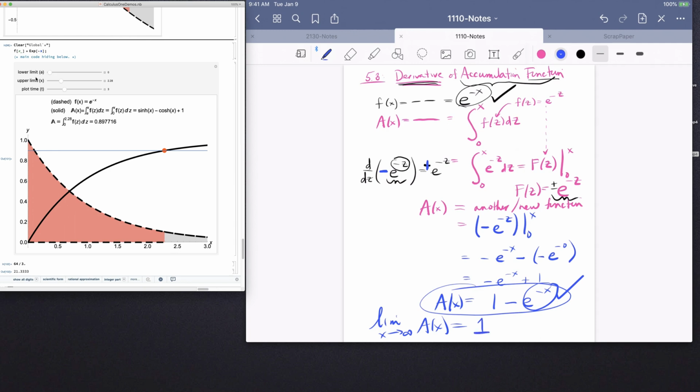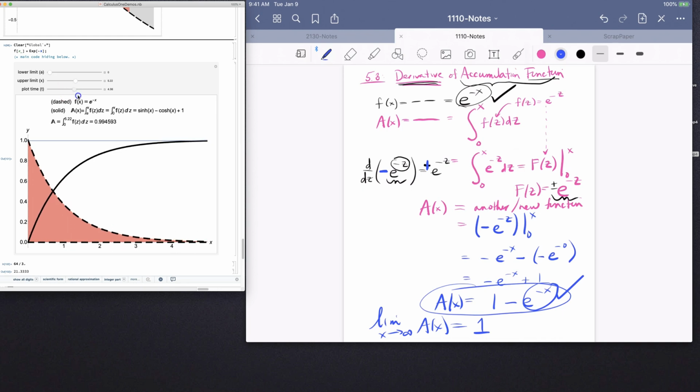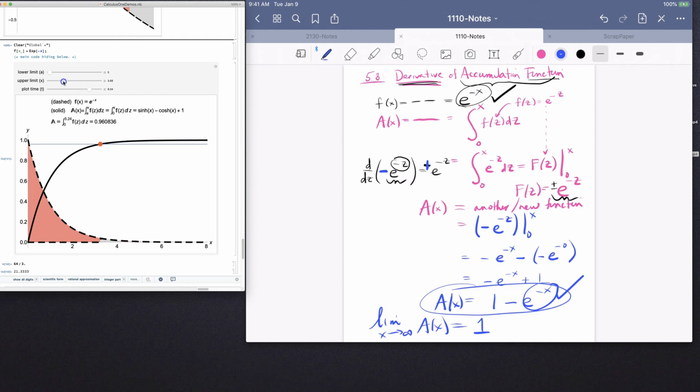So we can see here that the area is going to keep climbing and getting closer and closer to 1, which is the limit. But the bigger we make x, we're going to keep getting more and more area, but that blue line is never going to go above 1 because 1 is the maximum amount of area we can have.